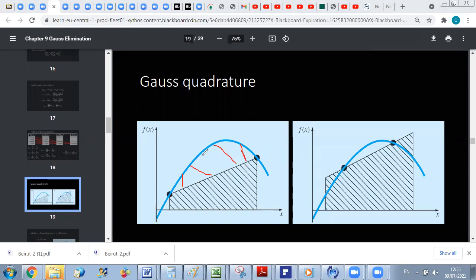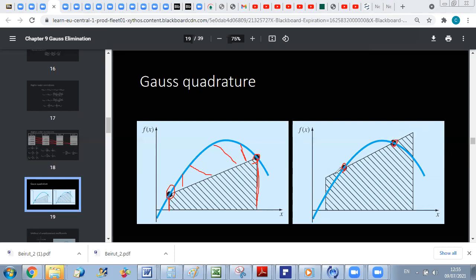From here, we thought about, instead of taking this line passing through the extreme points, the two data points that the straight line passes through are the extremities of your trapezoid. So why not take them somewhere in between, not at the extremity? Because this will be very helpful. Why? If you look at the following figure, if I don't have these points at the end of my trapezoid, then my prediction will be much better.